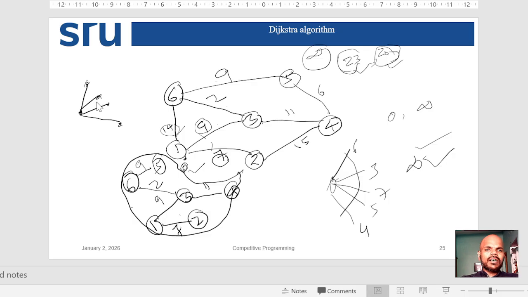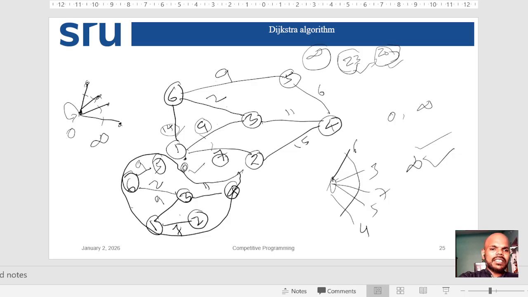In that case, we assume that we haven't explored these paths, so we assume the distance is infinite. The distance to itself is 0. So this is the major motto of the Dijkstra algorithm, right?